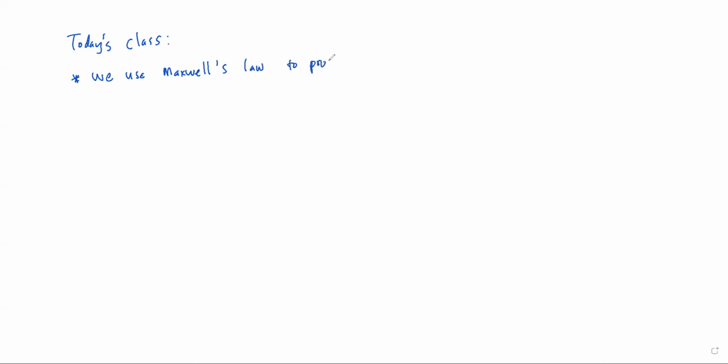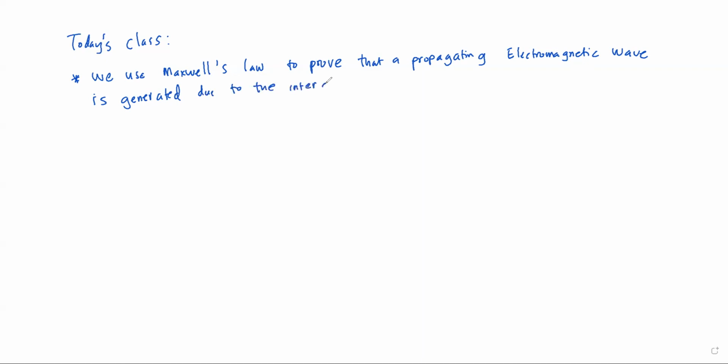We used Maxwell's laws to prove that we can have a propagating electromagnetic wave, generated due to the interaction between the electric and magnetic fields.